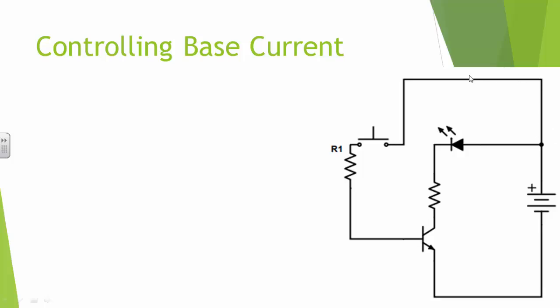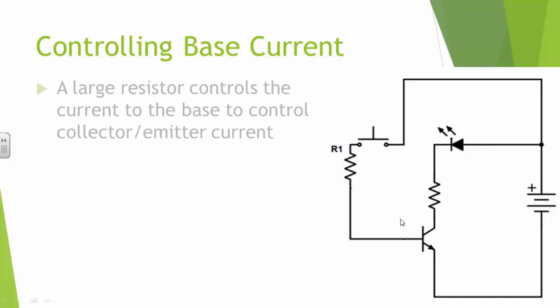So we know we need the potential. The potential is being provided by our battery here, and our push button switch will turn on our transistor. Then this resistor R1 will control the current and decide what kind of mode we have. Incidentally, if we omit this resistor altogether, most transistors will burn out. They can't handle that much current. So we put a large resistor here.